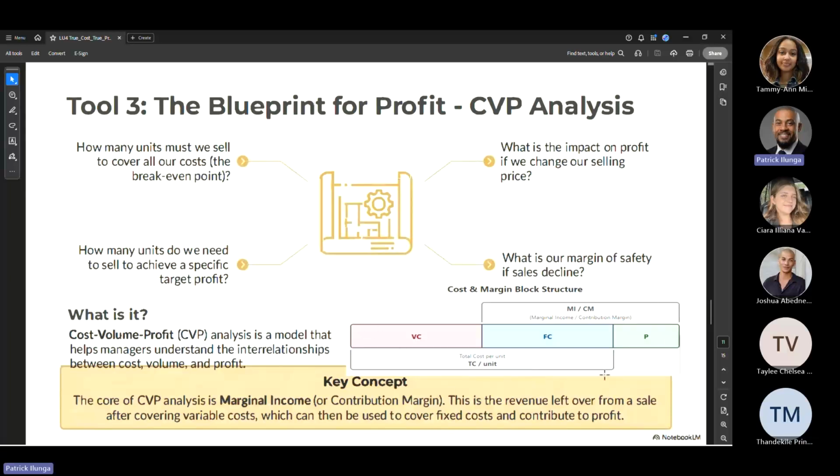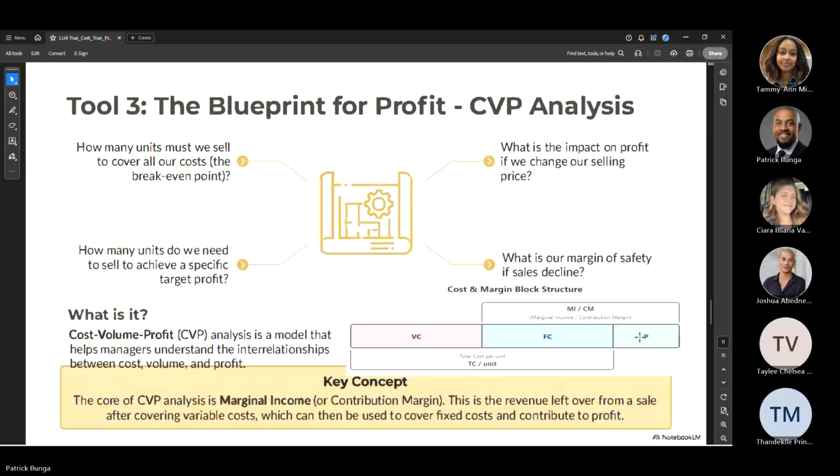This one includes the price. So let's say we're looking at the price of a unit. Within that price, there are 3 things you must remember: the variable cost per unit, the fixed cost per unit, and then the profit.